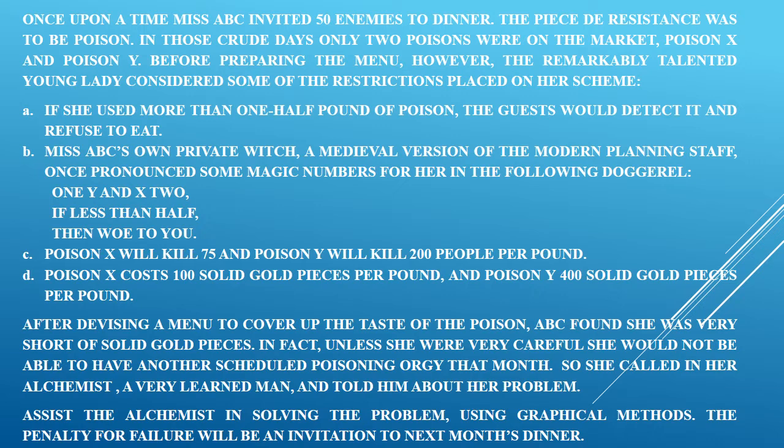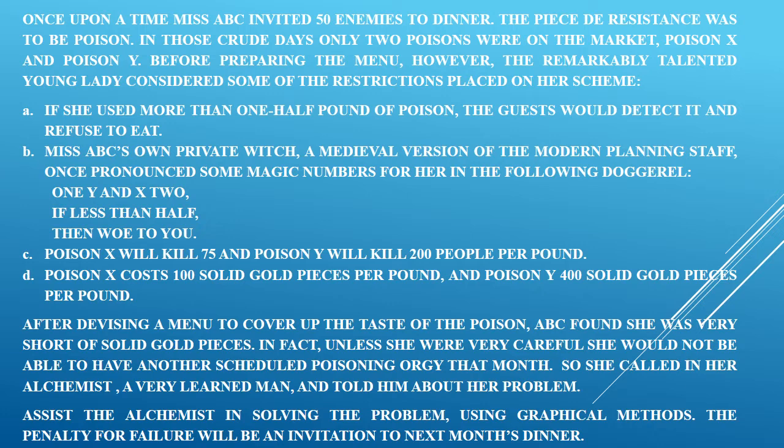This statement will help you to formulate the other constraint. So I think there may be three constraints available in this statement. Poison X costs 100 solid gold pieces per pound and poison Y 400 solid gold pieces per pound. It will help you to formulate the objective function.